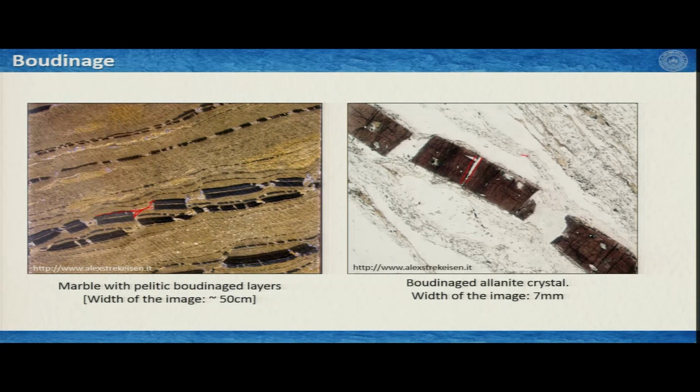We also see that scar folds are happening here and here as well, where things are trying to go in. So, this is how you see these boudinage layers in the field or under the microscope.